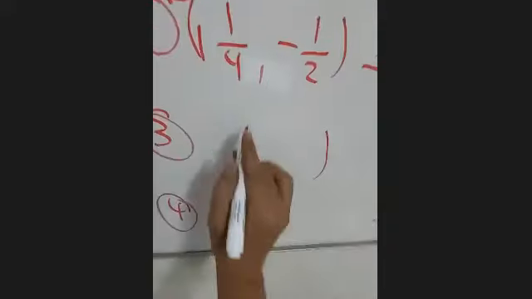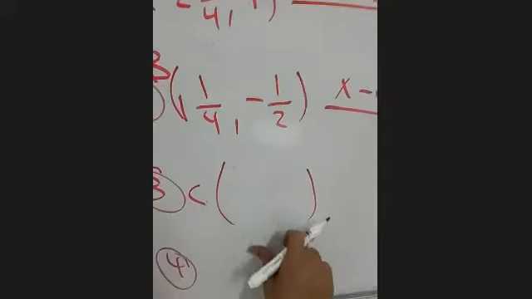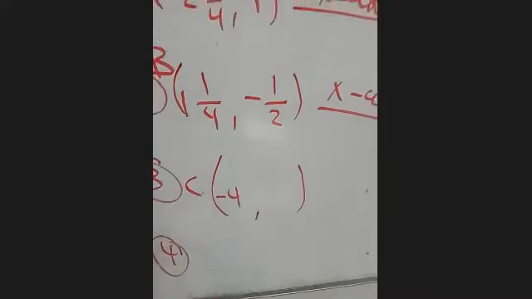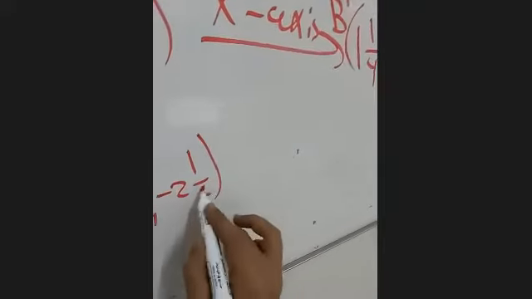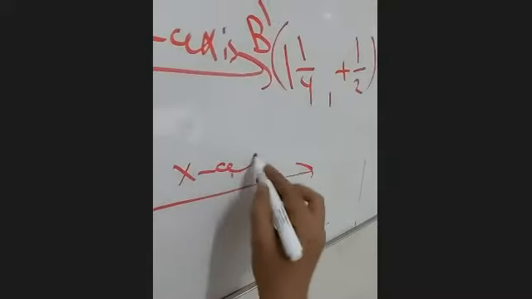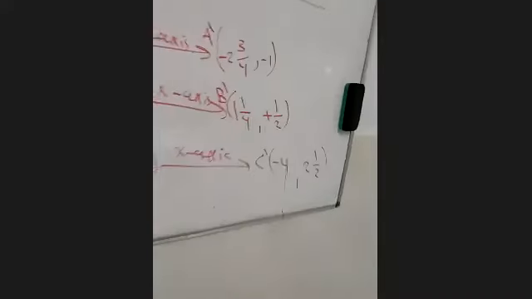The third point is C, negative 4 and negative 2.5. What will it be across the x-axis? It will be C prime. What are the coordinates of C prime? Negative 4 and 2.5. Negative 4 stays the same, and negative 2.5 changes to positive 2.5. Thank you.